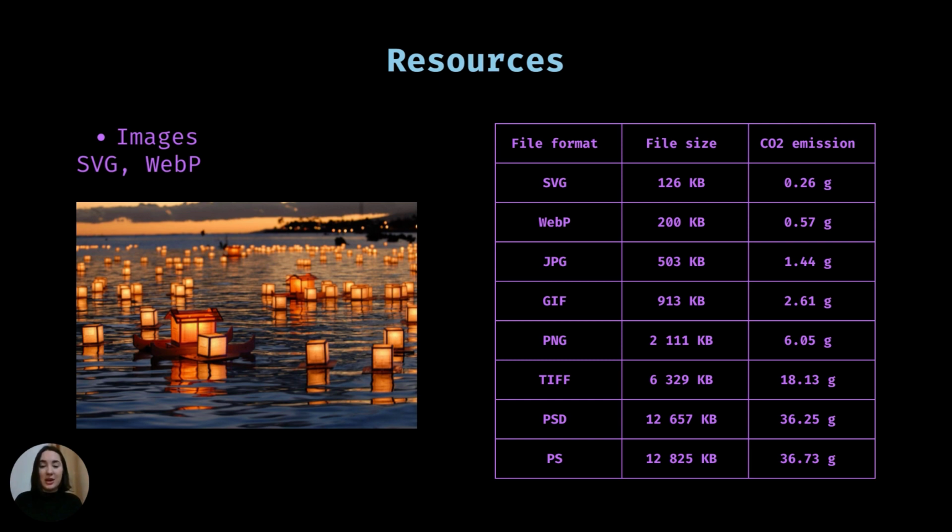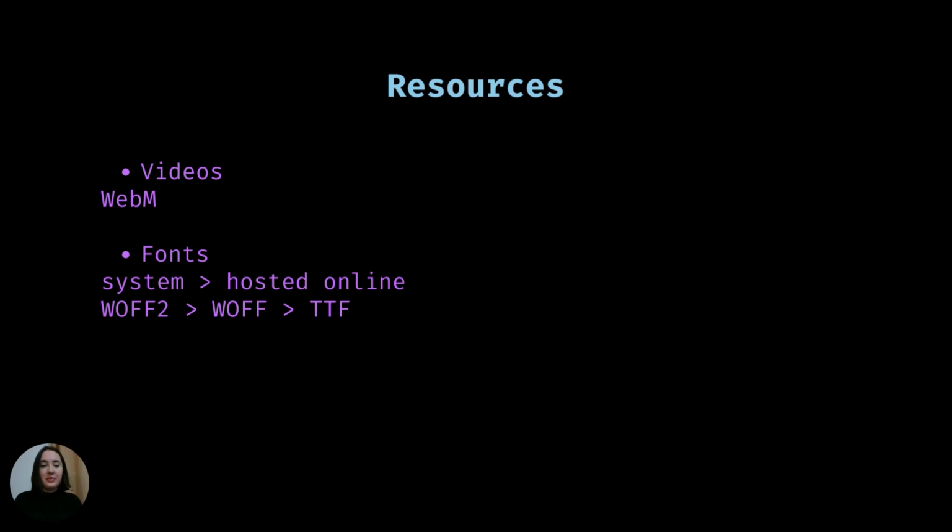We talk about 2000 kilobytes, and CO2 emissions equal to almost 605 grams of CO2. So the change is really large, and if you just think about changing the file format, it doesn't seem to be such a large change, such an impactful action.